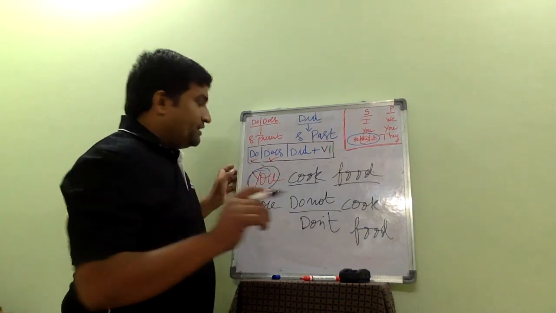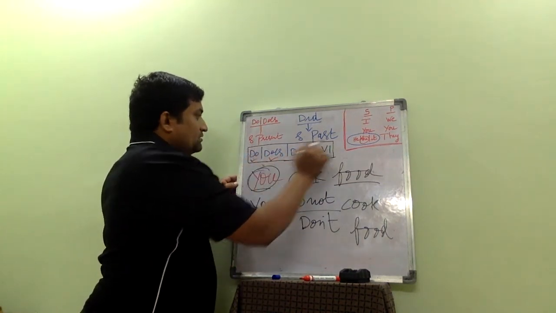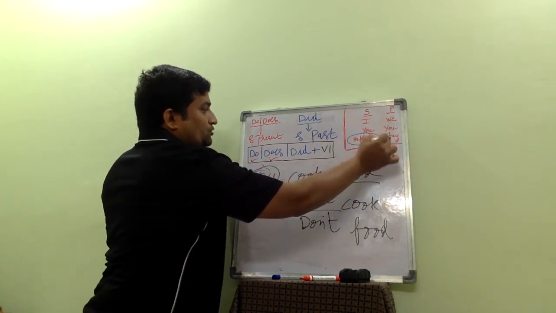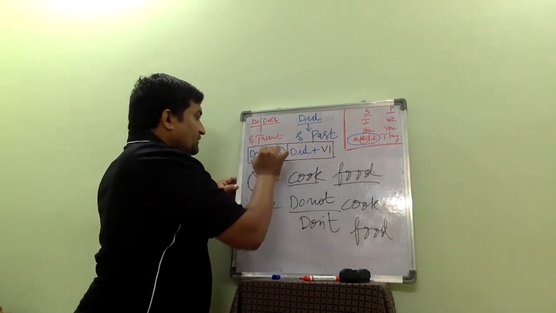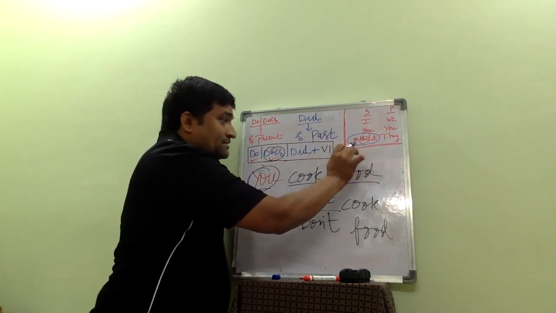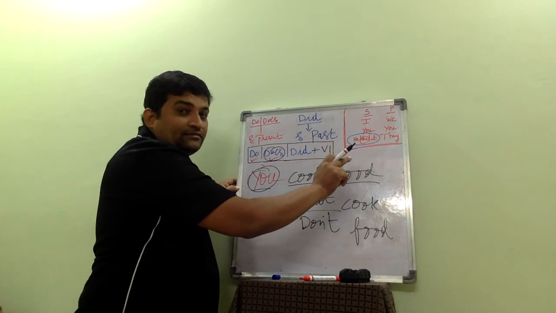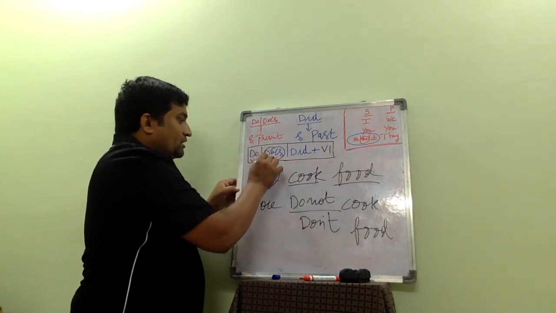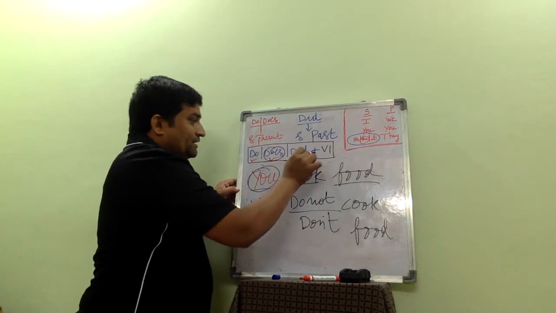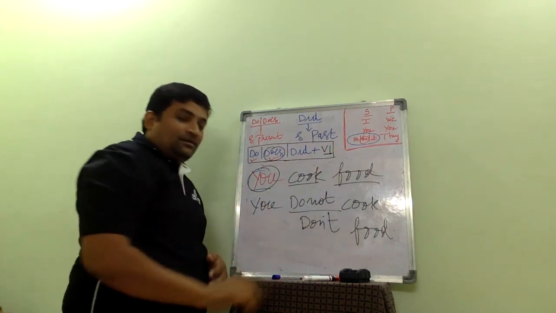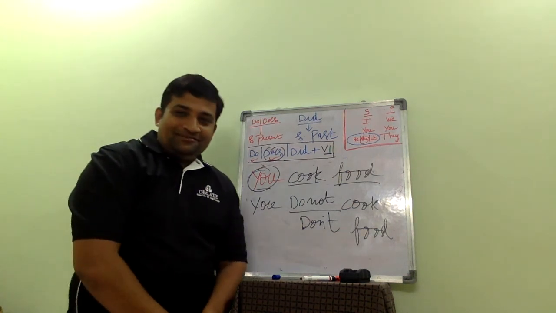But you need to remember that do is used for I, we, you, they, and does is used only for the third person singular subject, he, she, it. And the most important thing again: whenever we use do or does or did in a sentence, we must always use V1. I hope it's very clear.